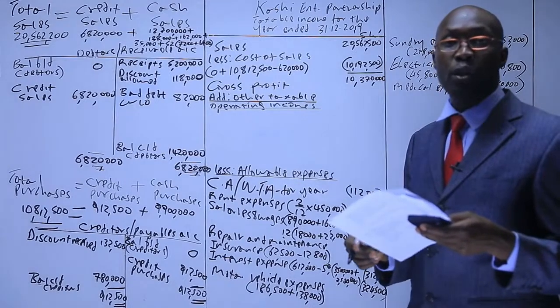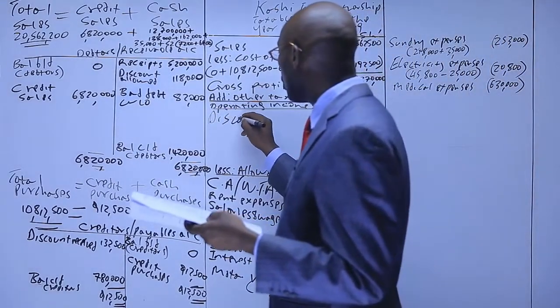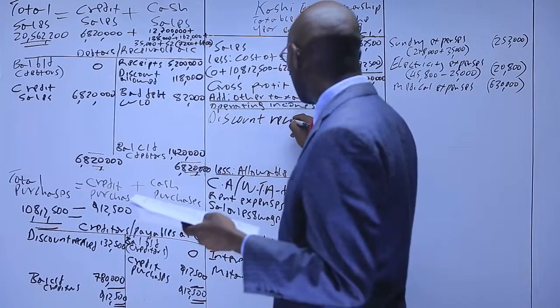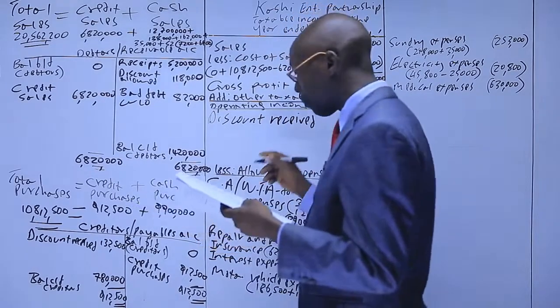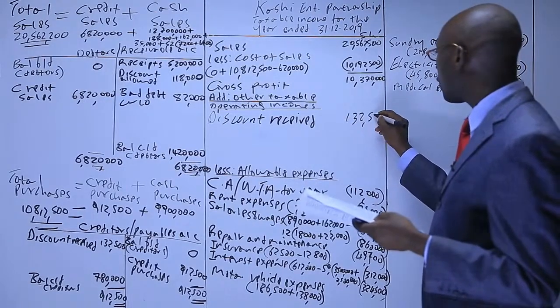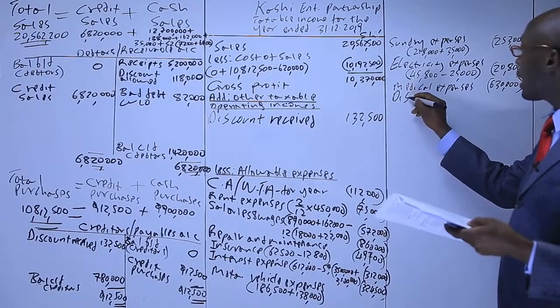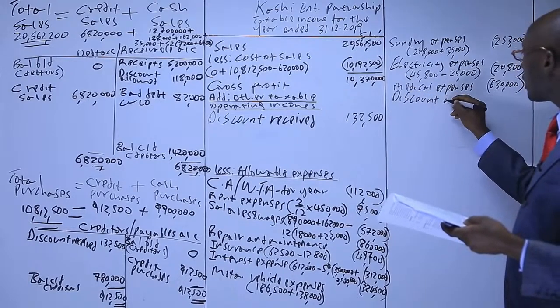Discount received, that we know is a taxable operating income, so it should come here. Discount received, that is a taxable operating income. And we have the discount received of 132,500. And then we have the discount allowed. Discount allowed is an expense and it's allowable. Discount allowed.